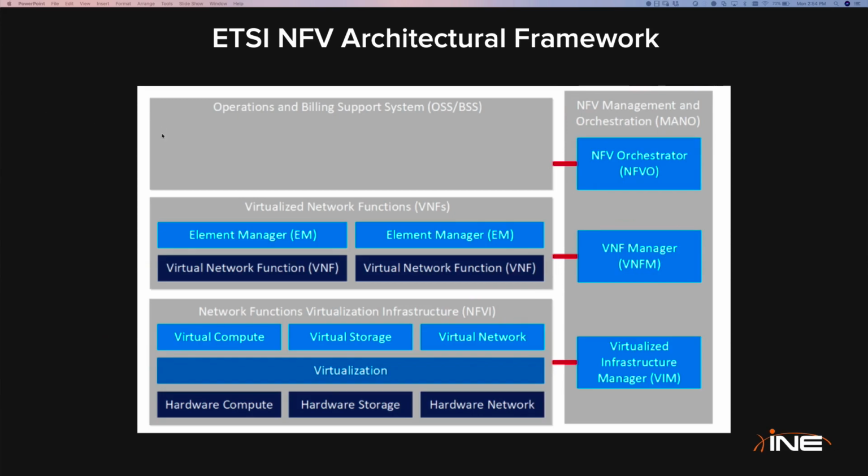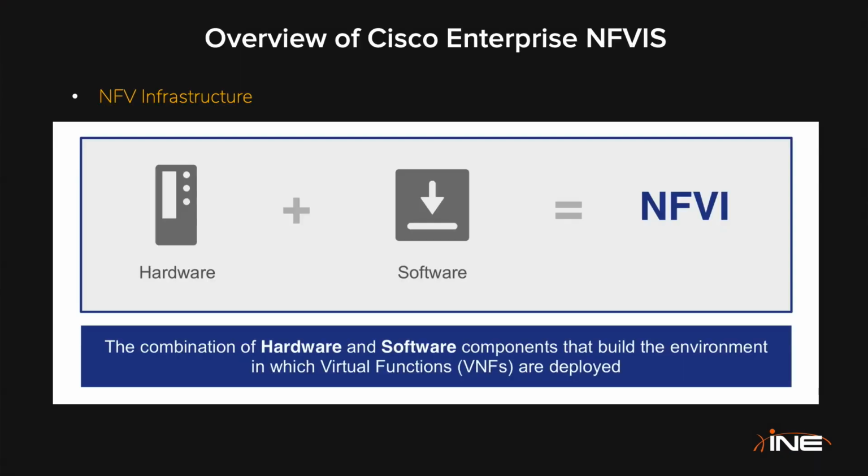So what our focus is going to be, mainly it's going to be on network function virtualization. This is where we would focus in this course. What exactly is NFVI, which is network function virtualization infrastructure?